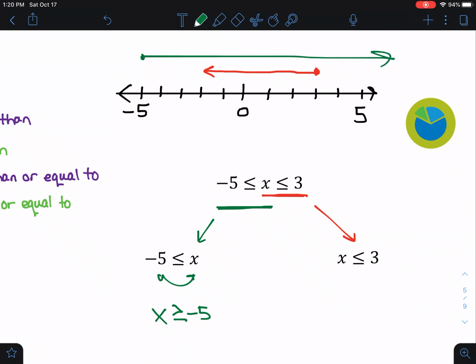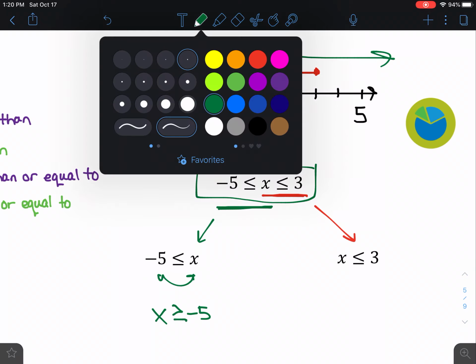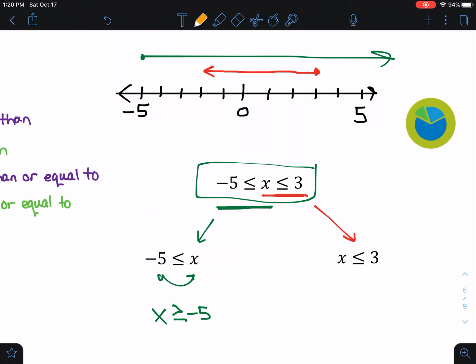Now, if we look at where these overlap, that actually is what this means. Okay, so it's both of those together. And if you'll notice, that is from -5, where they overlap, all the way up to 3 and stopping there. So that orange line is this thing right here.